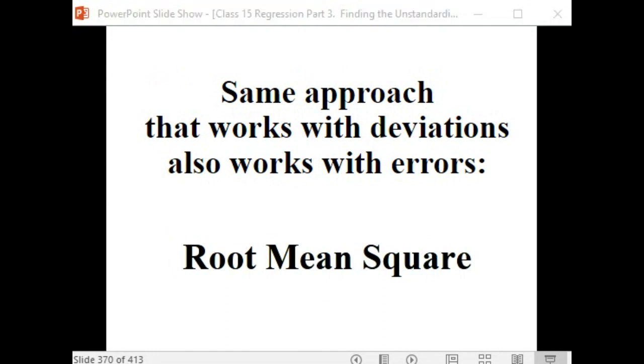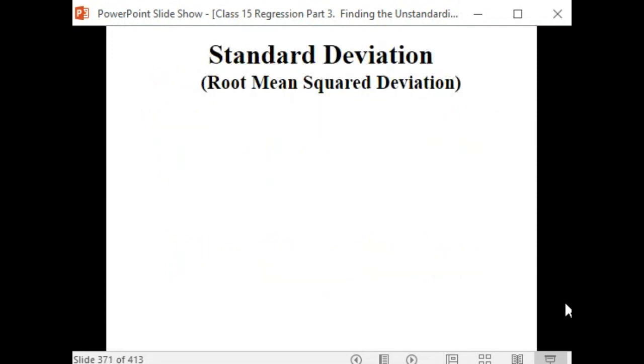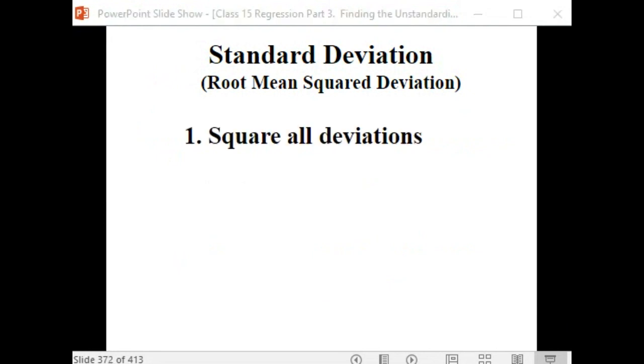Now, by now, you're highly familiar with how to calculate the root mean square for deviations, which we normally call the standard deviation. Very quickly, I'll describe the steps used to calculate the standard deviation, which is also called the root mean square deviation. First, you square all the deviations.